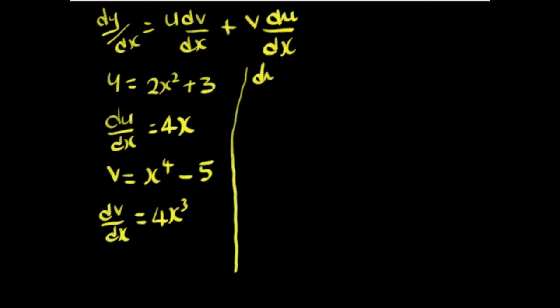So dy over dx now would give us, the first part of the formula says u, so we are going to rewrite our u, which is 2x raised to power 2 plus 3. They say we should multiply that by what we got when we differentiated v. So that's dv over dx. So what do we have as our dv over dx? 4x cubed.